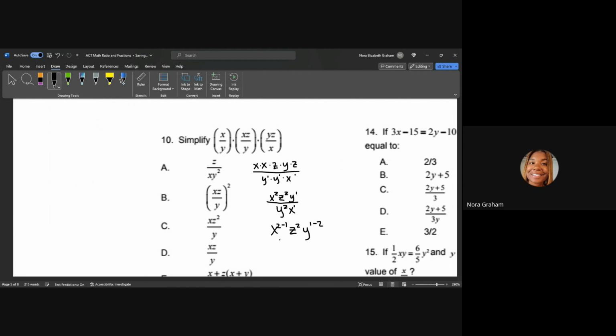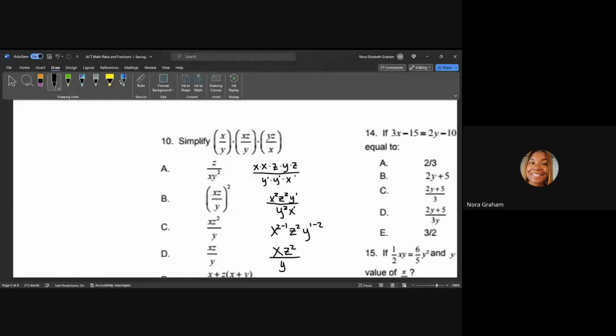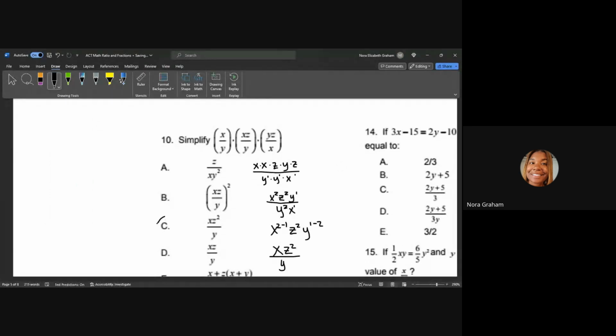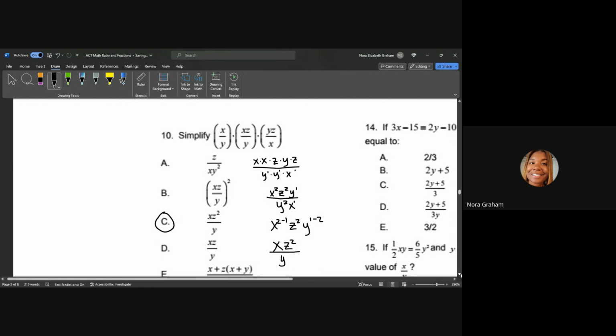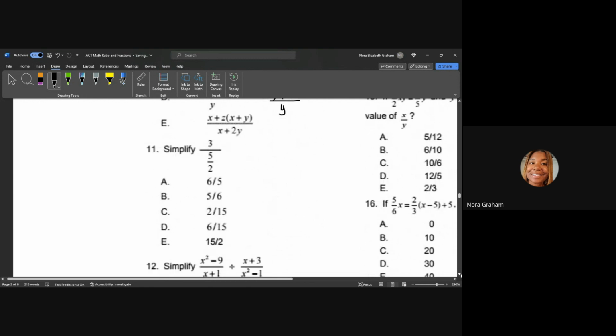Now I just have x to the first power. I don't always have to write that first power because 2 minus 1 is 1, z squared, and then y to the negative 1, but that negative I just dropped down. So our answer is going to be C. This one was really heavy on your exponent rules. All right, so let's go to number 11.